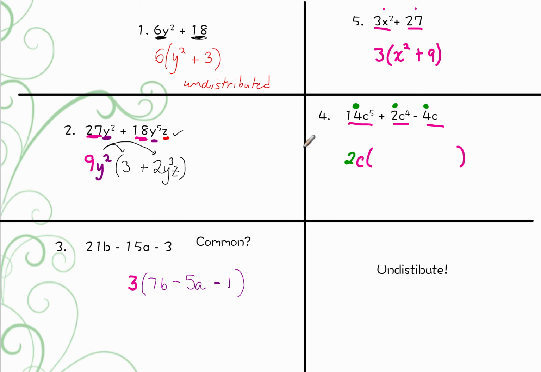Well, if I undistribute a 2c, in other words, I divide everybody by a 2c, it's 7c to the 4th plus 2c to the 3rd minus 2. Now you can see that there are still c's left inside, but not everybody has a common c. So we could only have taken out, undistributed, 1c.